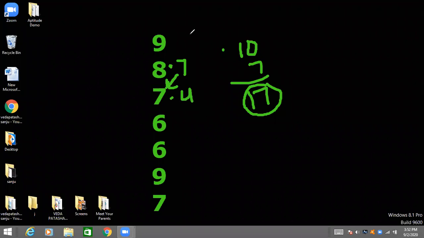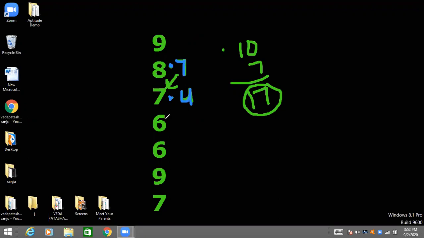Okay, we'll take another color so that it will be very easy to understand. So dot, 4 and 7, these are the end numbers.